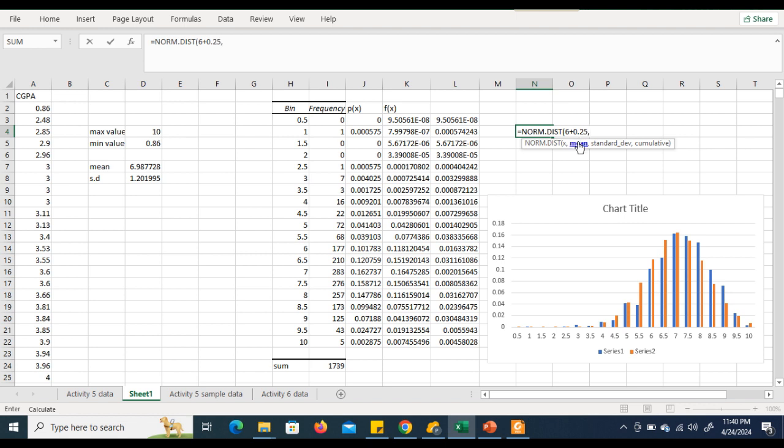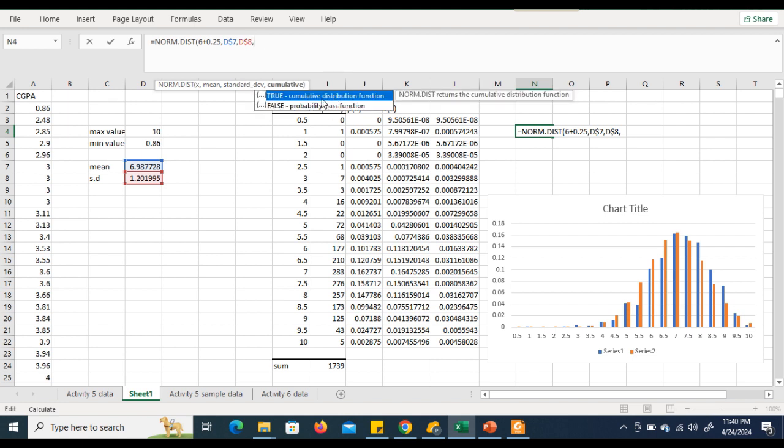The mean is this value, and we add the dollar sign, although we need to calculate only one term. For the standard deviation, this one, again we add the dollar sign, and then we use the cumulative option, so I'm using true, bracket close, minus.